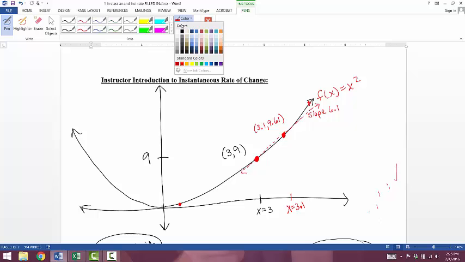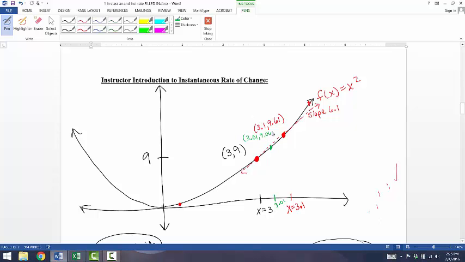So the next thing I'm going to do is get a little closer to x equals 3. Instead of 3.1, how about we look at 3.01? That's even closer. So again, it's not to scale, but we'll say it's right here. 3.01, closer to x equals 3. Now if you label that point on the graph, it would be 3.01. And the y value at that time is 9.0601.